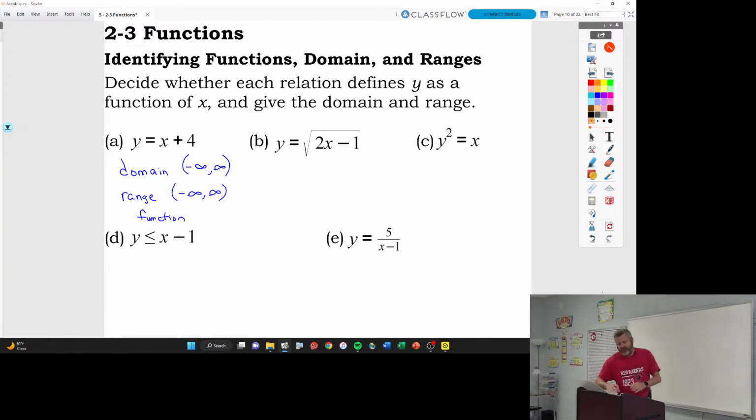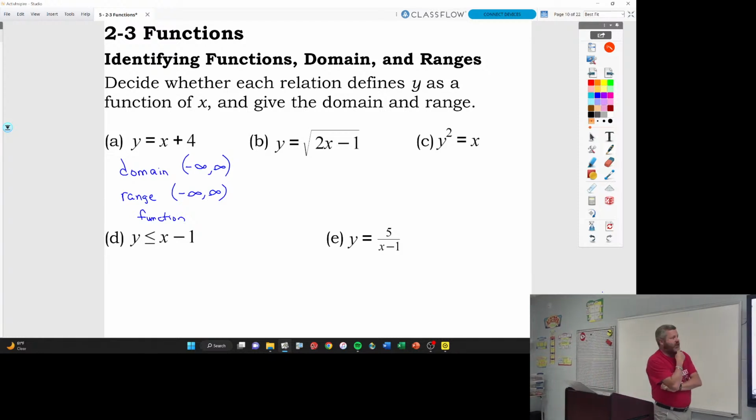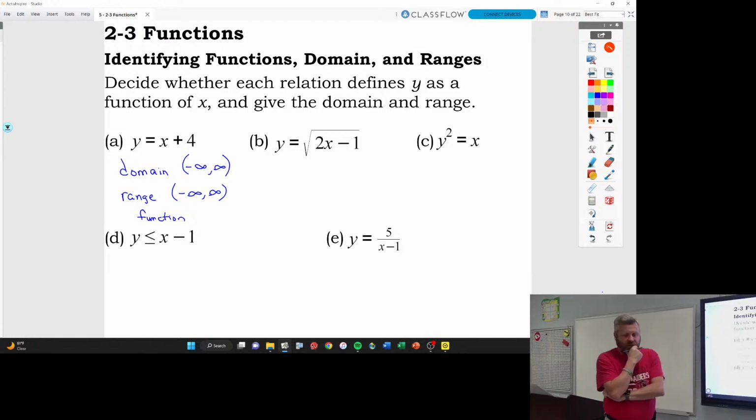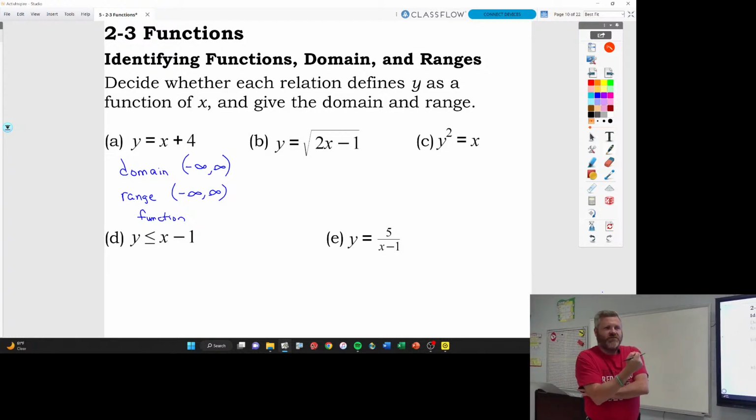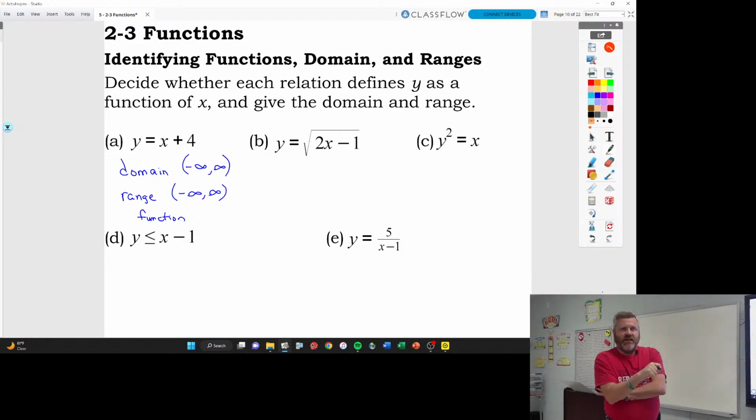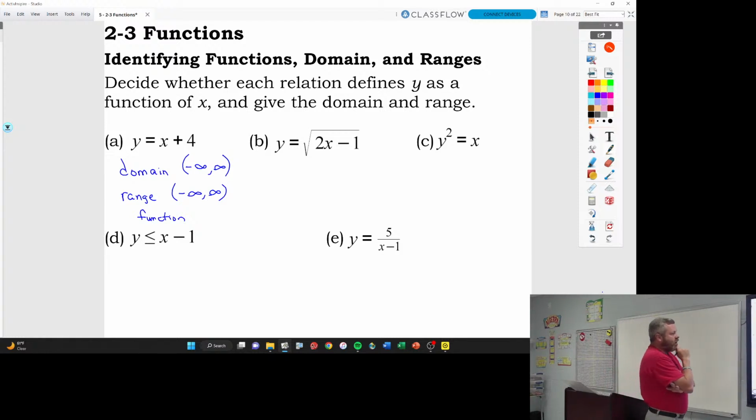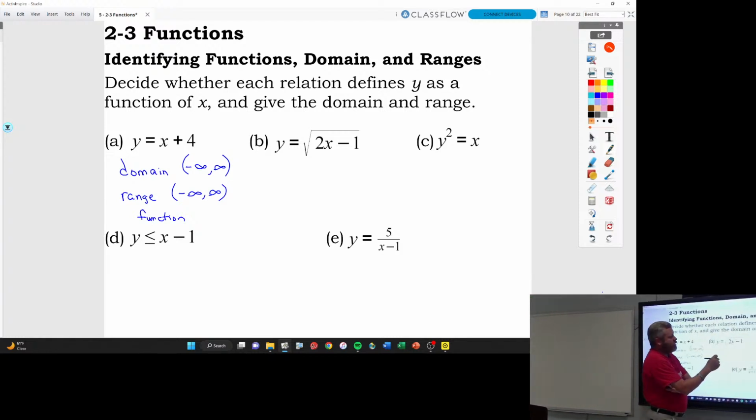Part B. So what can x be? Well, can x be anything? So remember, for x to work, if I plug an x in, I have to get a real number back out. And here I'm taking the square root. So I don't know if you remember, there's a problem with square roots.